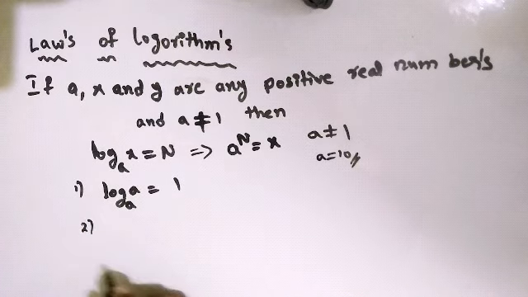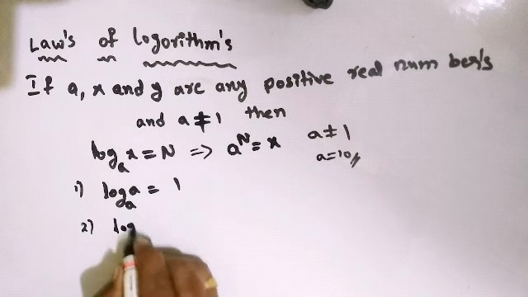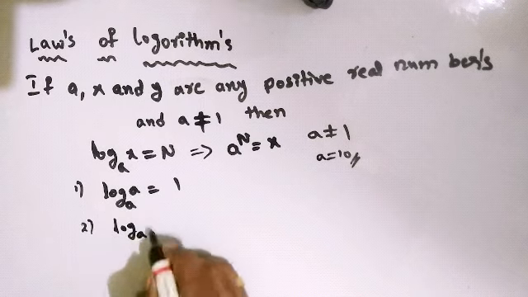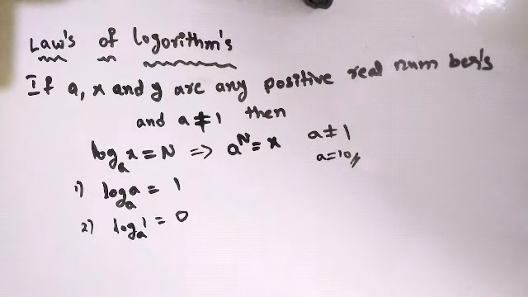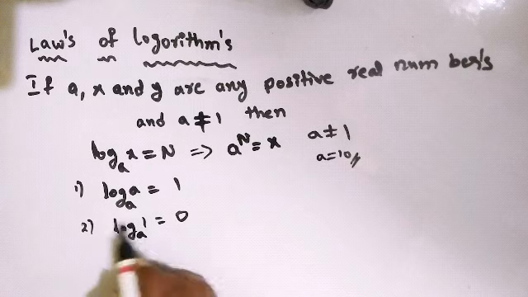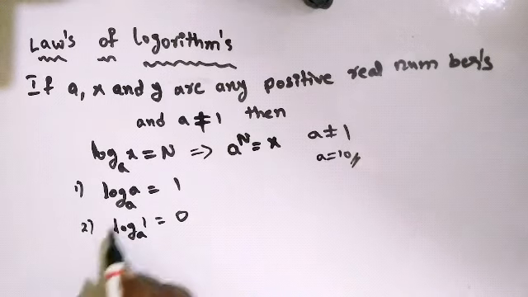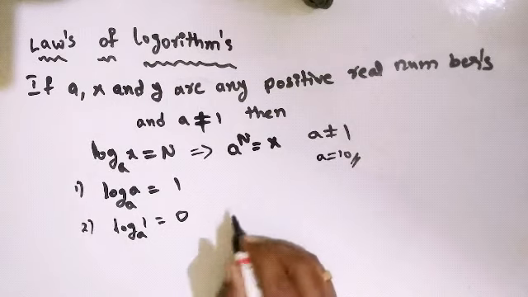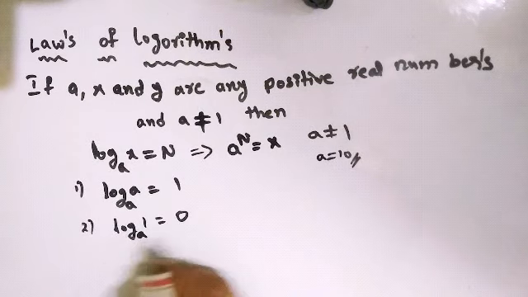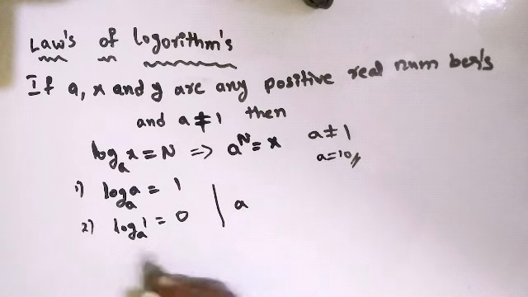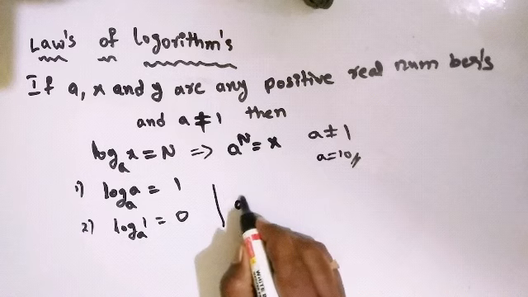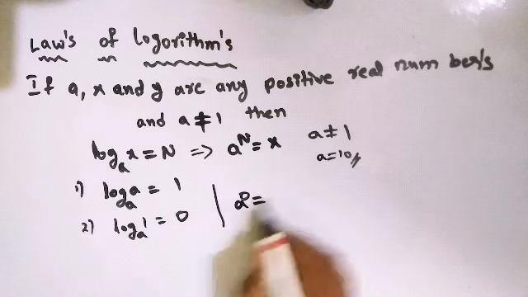Similarly, the second law: log base a 1 is always equal to 0. Why? Because if you send this to the right side, as I just explained, log base a comes as the base, so here a, and in place of n we write 0, and it is equal to 1.